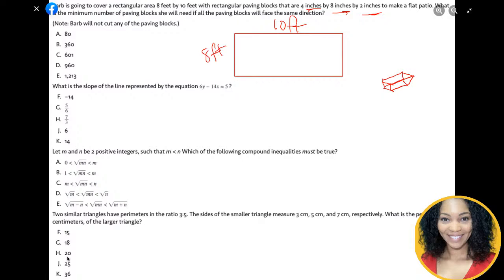So that's already going to be a signal to you that you're going to have to do some sort of conversion. So we have 4 inches by 8 inches by 2 inches to make a flat patio. Our question is, what is the minimum number of paving blocks she will need if all of the paving blocks will face in the same direction?